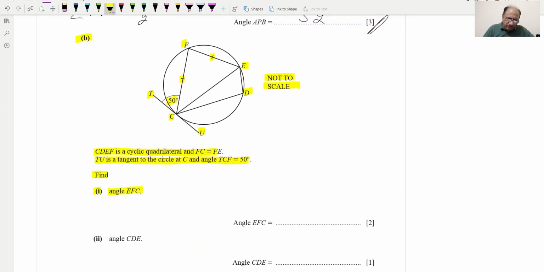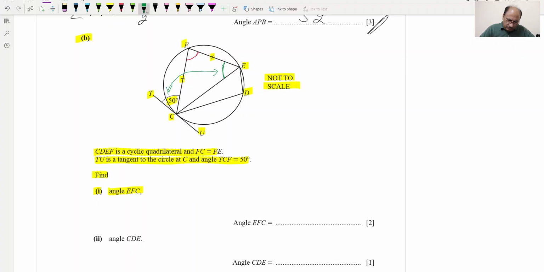So first of all, we will figure out this angle, FEC. FEC will be equal to 50 degrees. This angle is equal to this angle by alternate segment theorem.